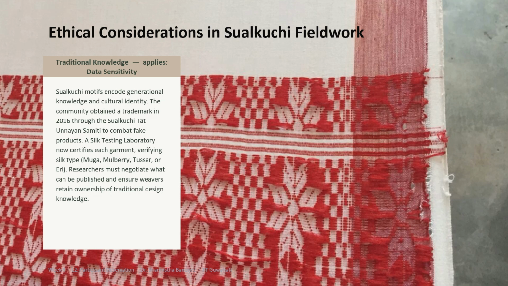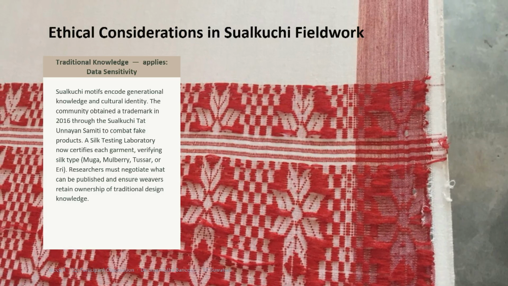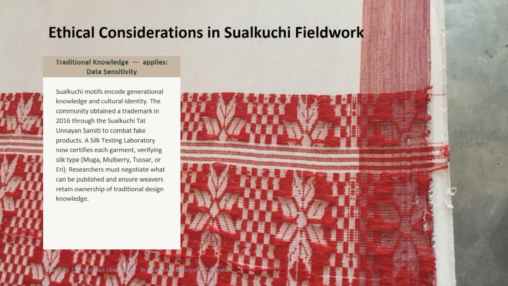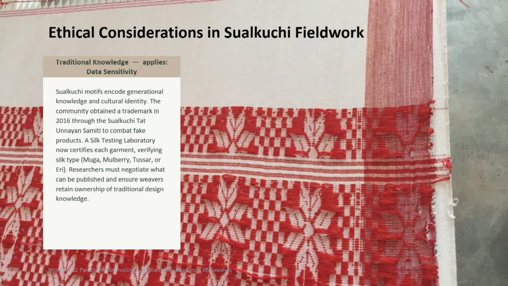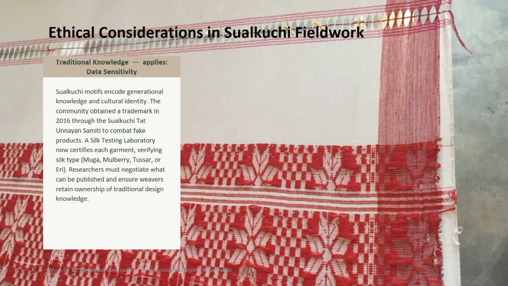Researchers must negotiate what can be published and ensure weavers retain ownership of traditional design knowledge, if they want to retain ownership, if that is even relevant in this context. In this particular context, most of the traditional design is actually shared intellectual property, but the new ones that they are making are something which they like to preserve.